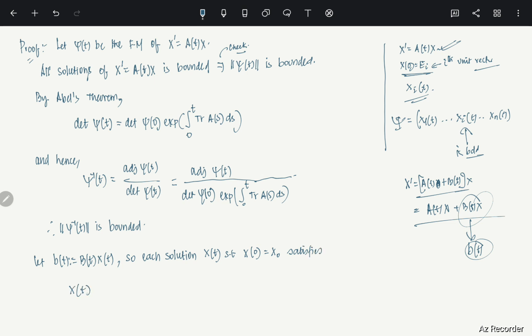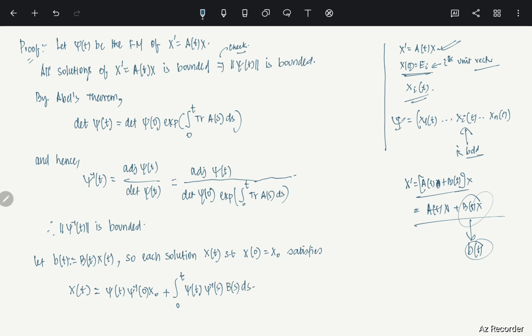x of t equals the solution of the homogeneous problem, phi of t, phi inverse of 0, x0. You remember? Plus the integral from 0 to t, phi of t, phi inverse of s, b of s, ds.